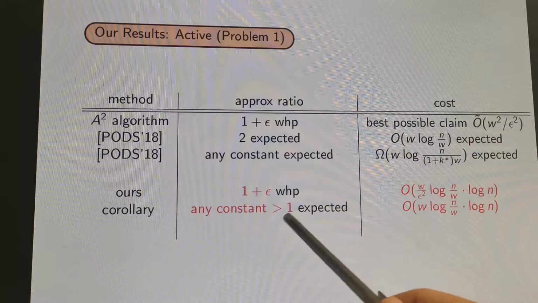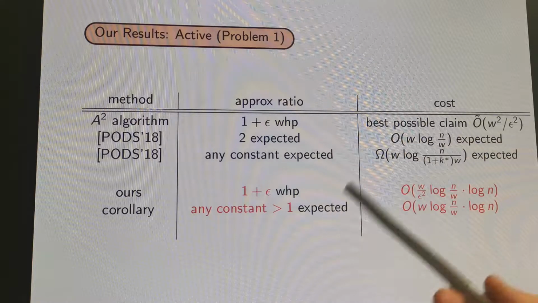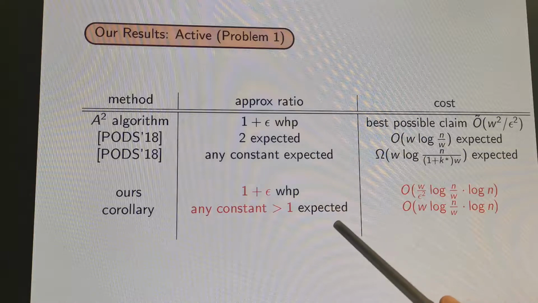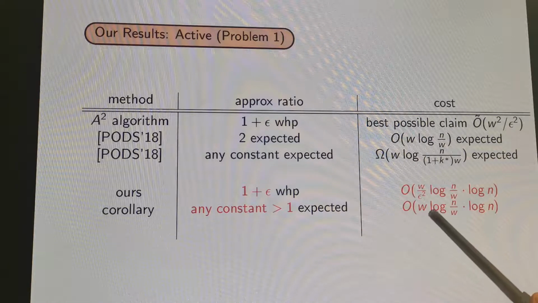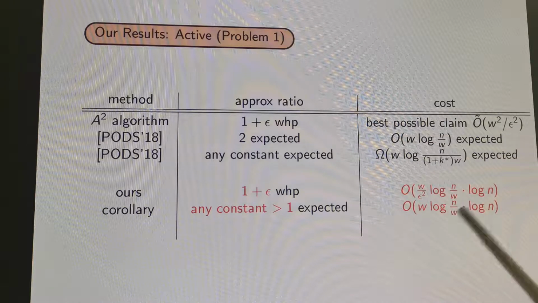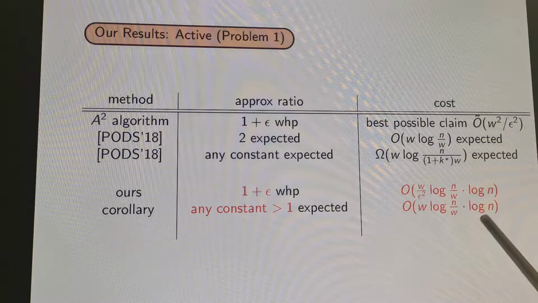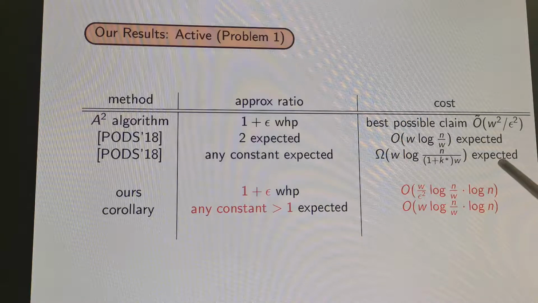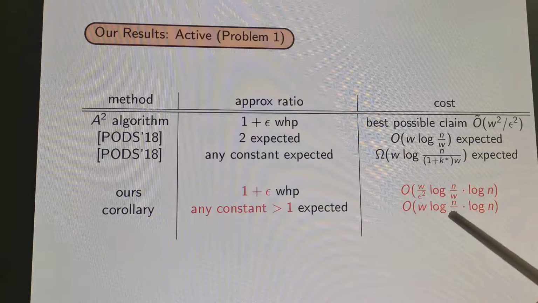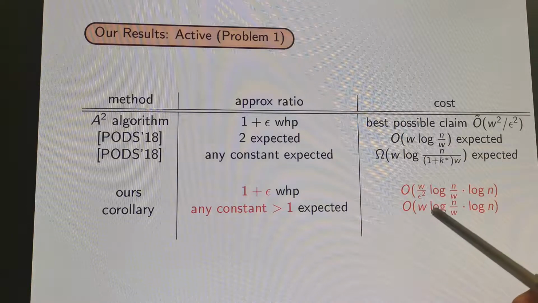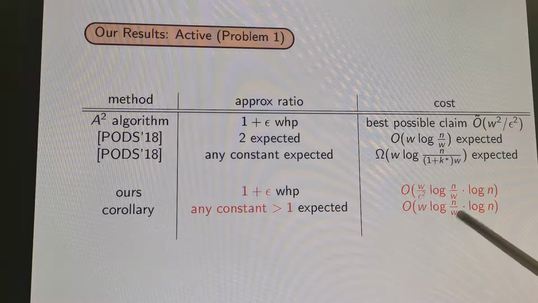As a corollary, the algorithm can achieve any constant approximation ratio in expectation, and the corresponding cost is just W with a multiplicative polylog factor. If you compare this to the lower bound obtained in 2018, you can see that this algorithm is tight only up to a polylog factor.